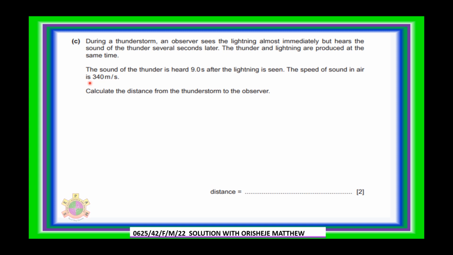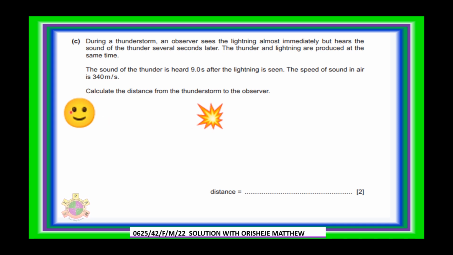Calculate the distance from the thunderstorm to the observer. So what we need to do is multiply. Once you know the velocity and you know the time, we can get that. So distance is velocity times time. Let's just see. You have a thunderstorm here, and the person is here.